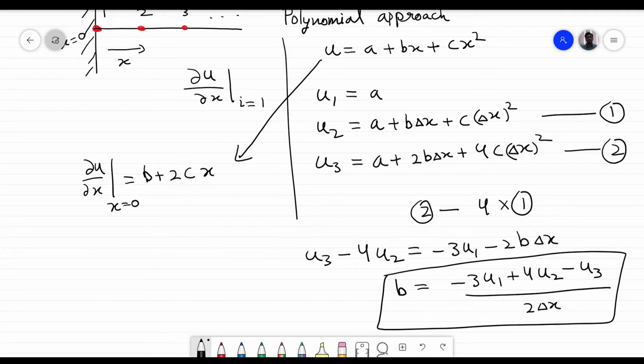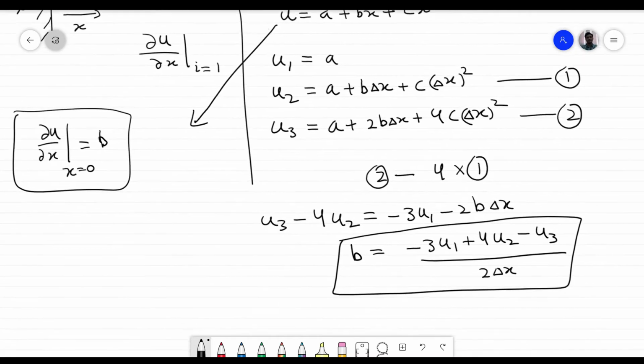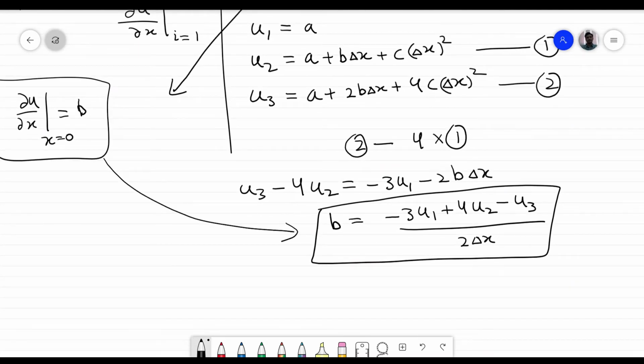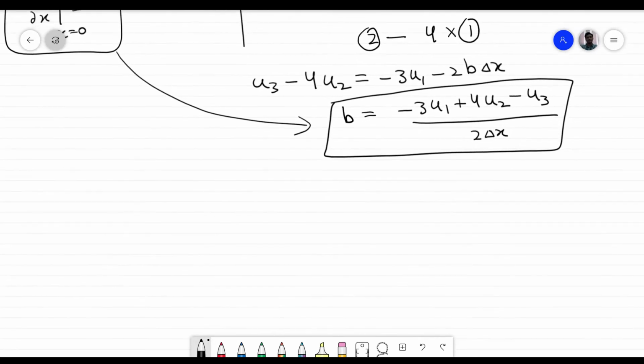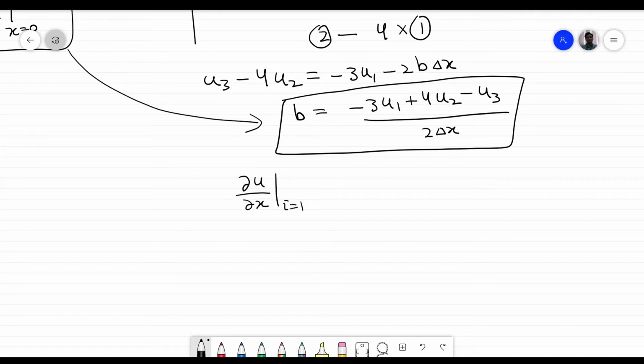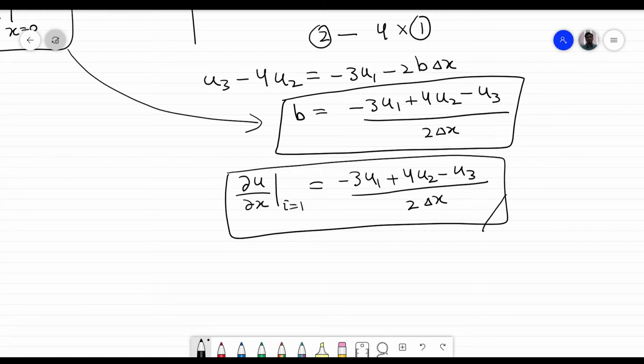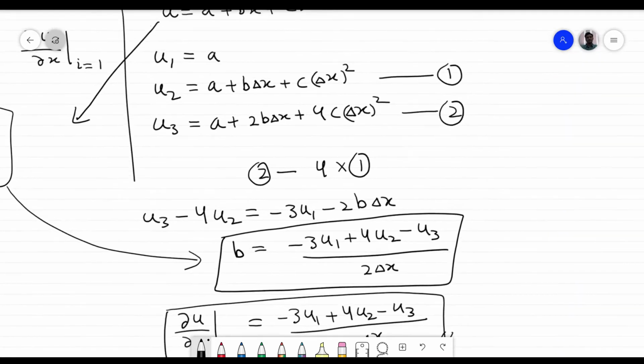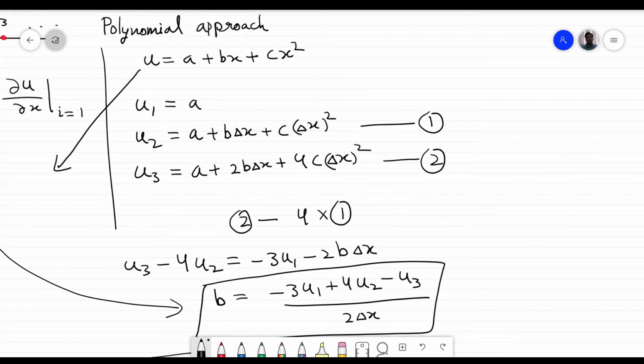If you put x equal to 0 here, because we are calculating dou u by dou x at x equal to 0, you get b. And that is what we have found here. B is equal to this. So in other words, you can say dou u by dou x at I equal to 1 or x equal to 0, that is at the boundary point, is minus 3u1 plus 4u2 minus u3 by 2 delta x, assuming that u is this polynomial a plus bx plus cx square.